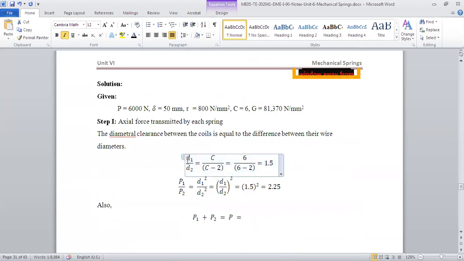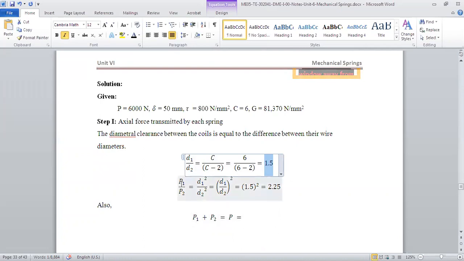First, D1 upon D2 is equal to C upon C minus 2. C is given as 6, so 6 upon 6 minus 2 is 6 upon 4, which is 1.5. So the ratio of wire diameters is 1.5, meaning the outside spring will have a diameter 50% more than the inside.